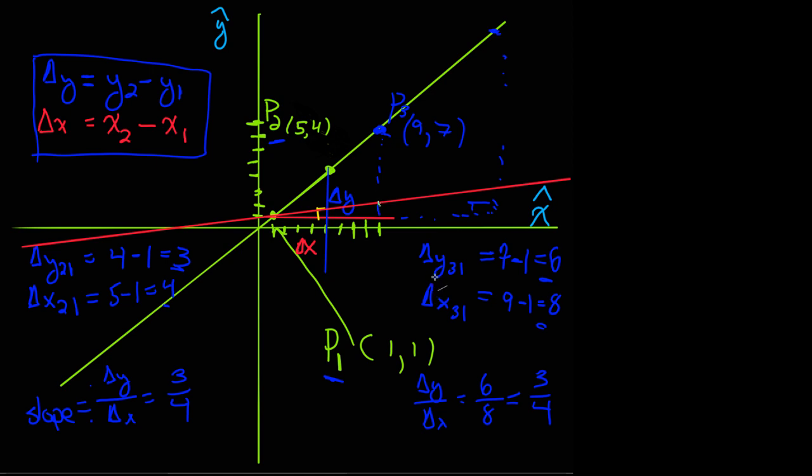That's not going to have the same change in height over the same change in base. So we'll be able to talk about different lines by looking at this ratio. And that ratio we're going to call slope. And so the equation we get from slope is this: the change in y over the change in x.